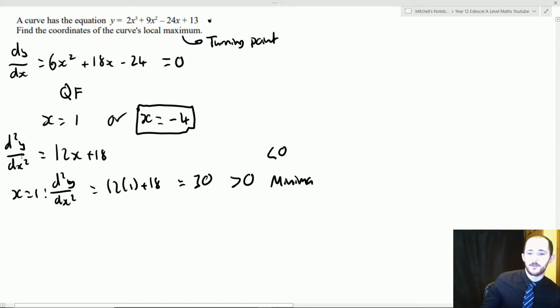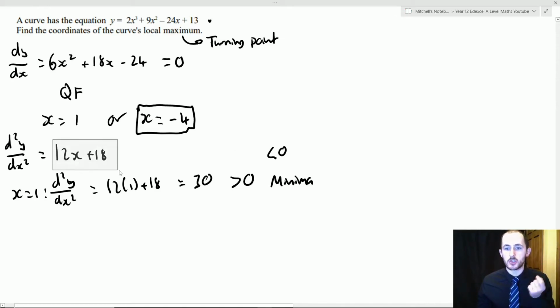Students can get very confused by that. D squared y by dx squared only tells you if it's a max, min, or point of inflection. You have to have a value of x. You can't solve this and get a value of x. It doesn't make sense, because it's not giving you a gradient or a coordinate. So be really, really careful with that, okay?